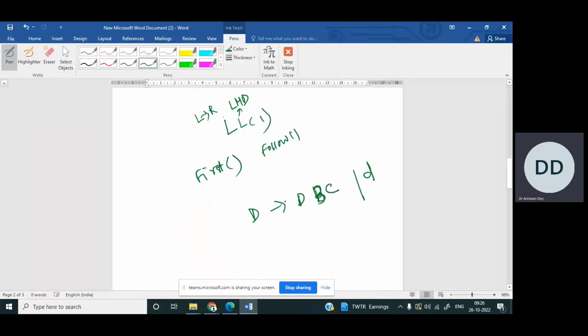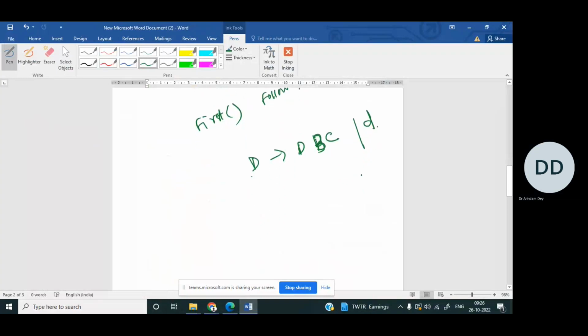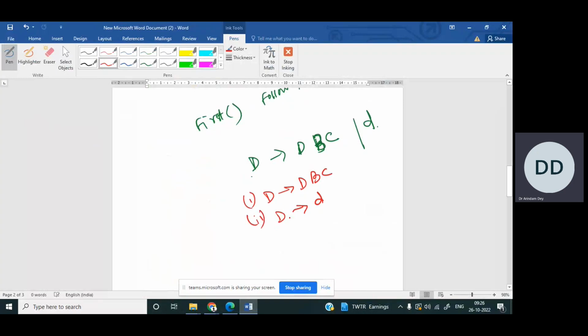That means capital D can generate capital DBC or capital D can generate small d. This is the first, this is the second. If I take the second production, then the first of D is the small d. In the first production, if I want to calculate the first of capital D, that means the first of D, and the first of D means again the small d, right?